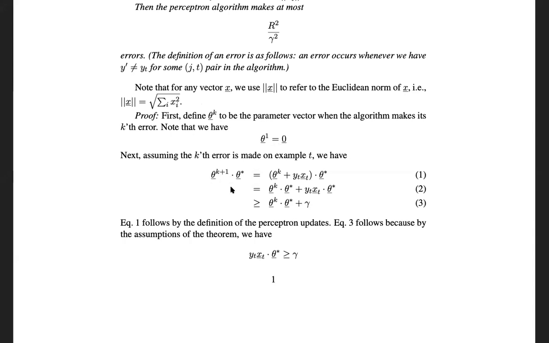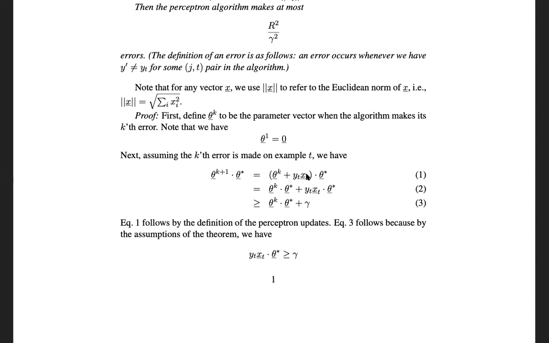Now what happens if I take the dot product of this vector with theta star? Just put it this way simply. The theta k plus 1 is nothing but theta k plus gamma x_t y_t. That's by definition, right?